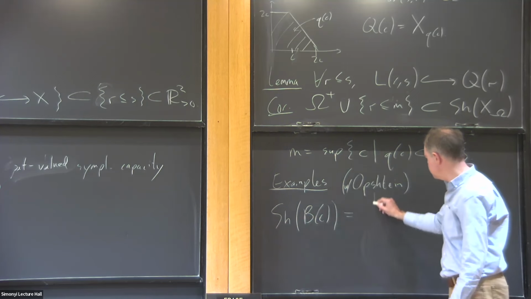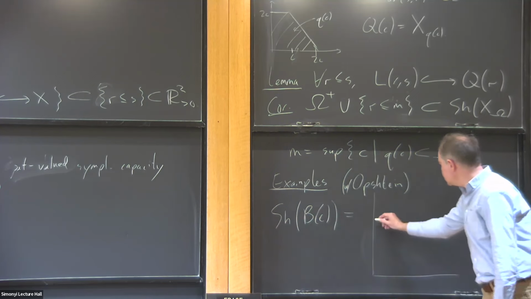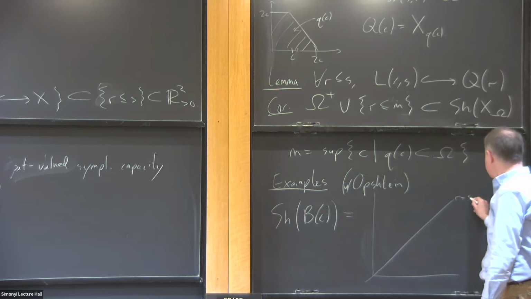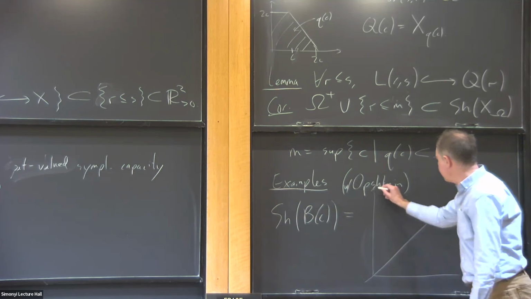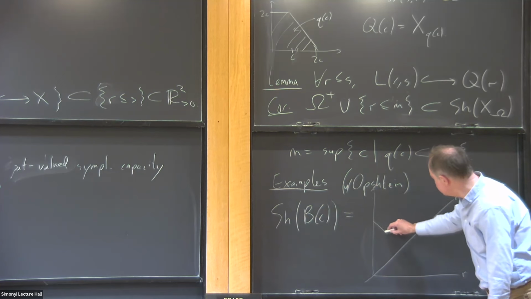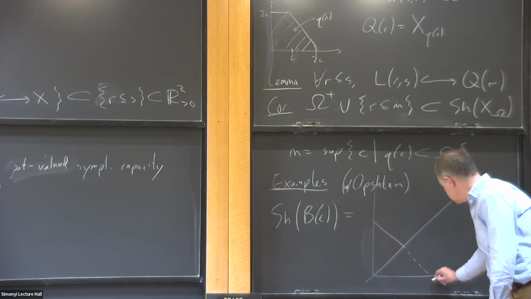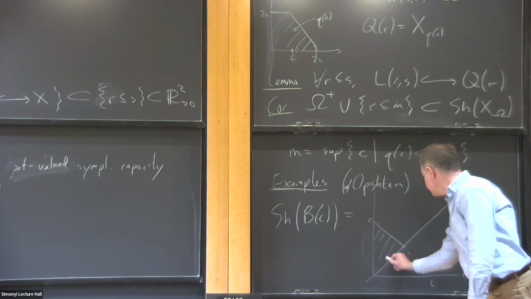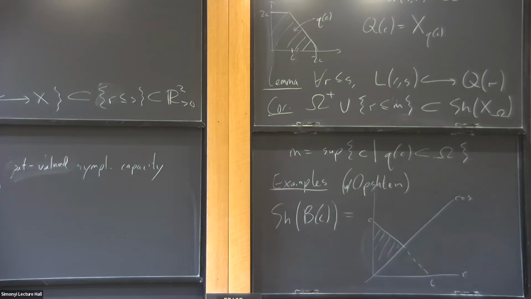It's supposed to sit above the diagonal, so R equals S. We have the moment image of the ball, something like that. So this stuff is all in the shape. Then what is M?